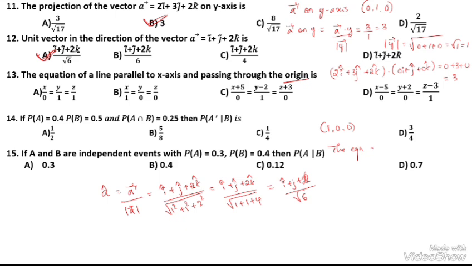The general equation of a line is x by a is equal to y by b is equal to z by c. Here a, b, c mean the values along the x-axis, y-axis, z-axis respectively. Here the value a becomes 1, y by 0 and z by 0. This is the right answer. Option number B is correct.